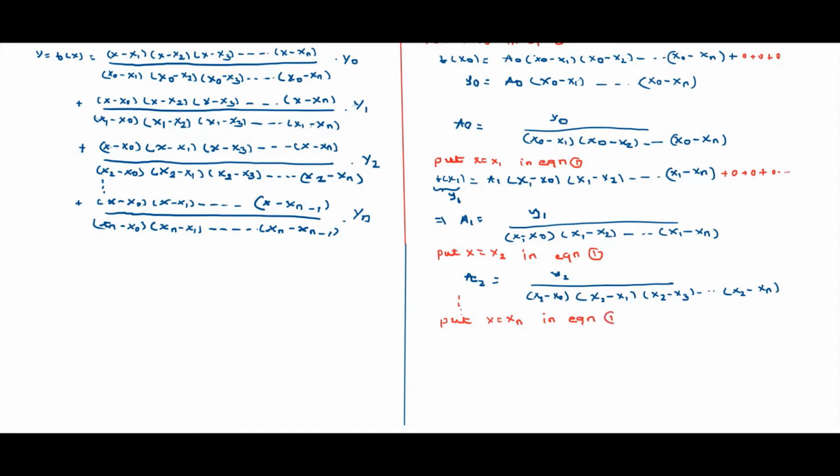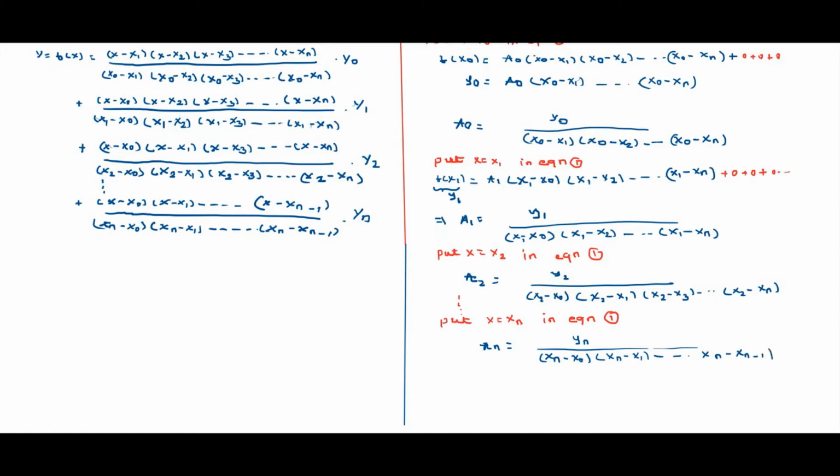In equation 1, what we get, I will write directly, an is equal to yn divided by xn minus x naught, xn minus x1, continue in the same way, xn minus xn minus 1.